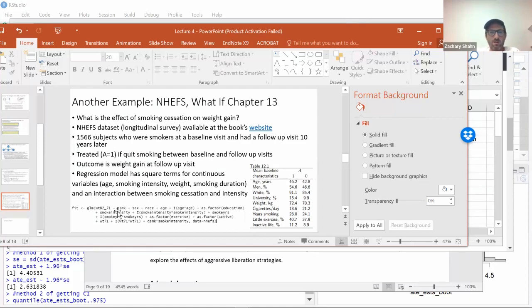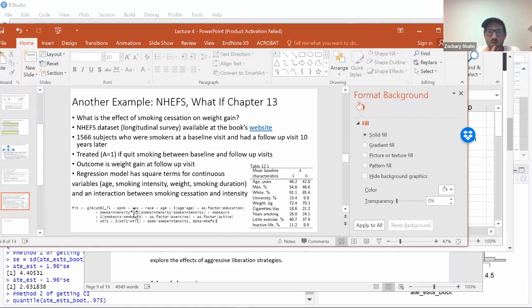And the regression model that was chosen included what are called main effect terms for each of these variables. So just including the variables themselves, but then also square terms for all the continuous ones to allow a flexible relationship. If you include a square term, it can be U-shaped. Let's say weight gain is being regressed against smoke intensity plus smoke intensity times smoke intensity, then that could be like a U-shaped curve instead of just a straight line.